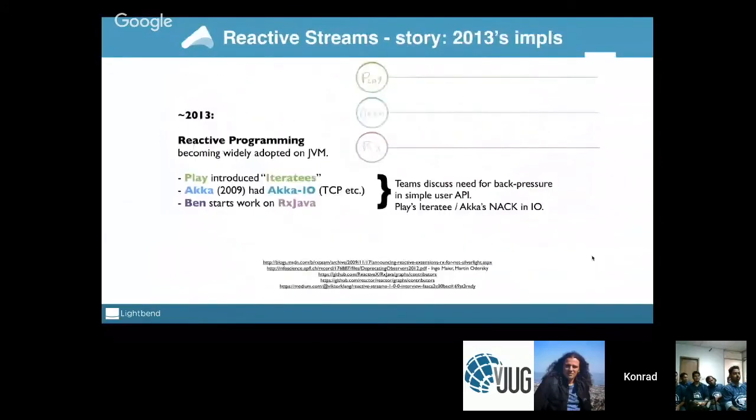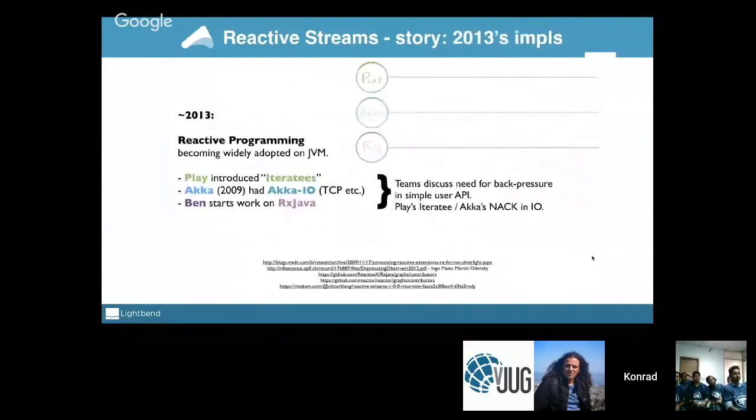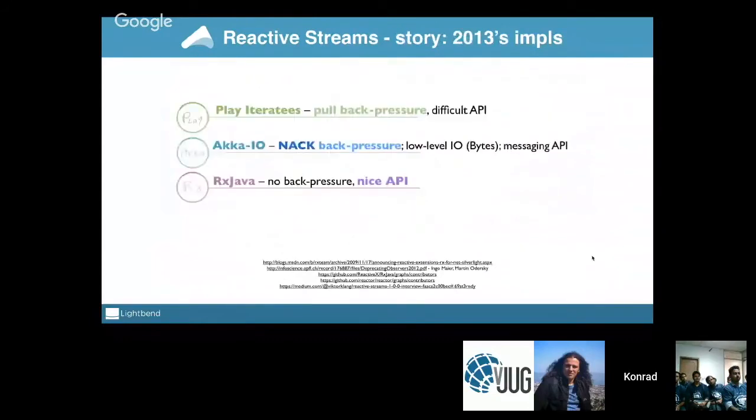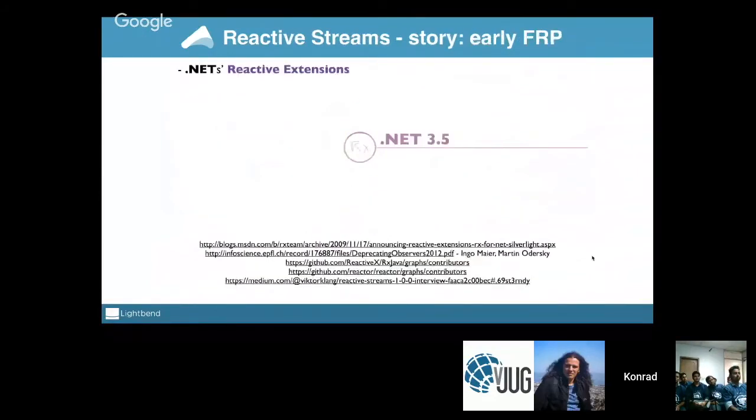So just to fast forward, Reactive Extensions was a good inspiration for RxJava. I'm kind of jumping between things. Okay, let's do that. The bottommost point is about Ben Christensen starting RxJava. So RxJava is very much inspired by the Reactive Extensions, right?